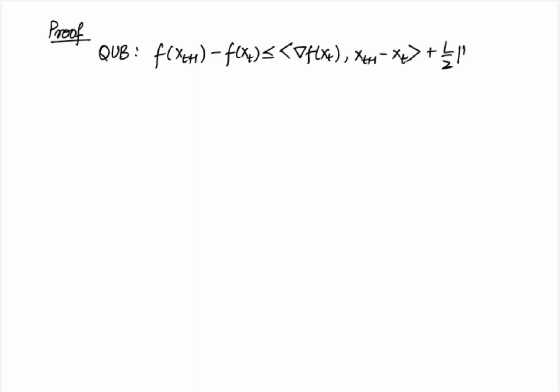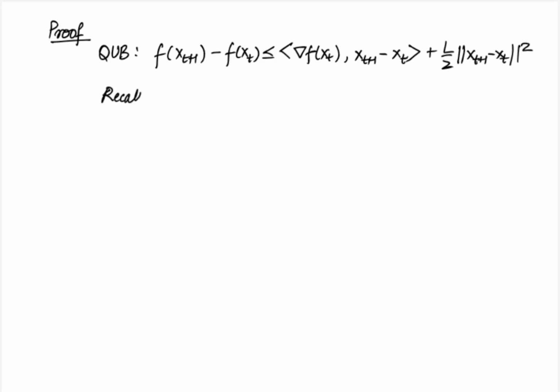The first step of the proof is simple and will allow us to get the one-step inequality easily. We begin with applying the quadratic upper bound on f at xt and xt plus 1 so as to obtain f of xt plus 1 minus f of xt less than equal to gradient f of xt inner product with xt plus 1 minus xt plus L by 2 norm square of xt plus 1 minus xt.